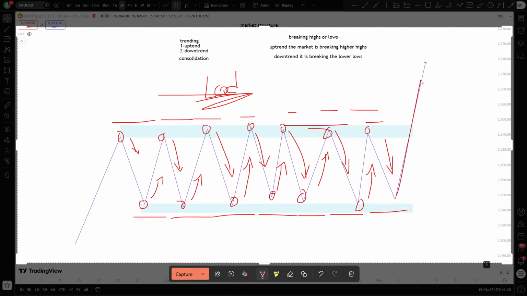The market can sweep liquidity to the top, come again and sweep liquidity to the bottom, and after sweeping liquidity at the bottom, the market continues going up. This is what happens when the market is in consolidation. It is not breaking any highs or any lows. It is just in between.